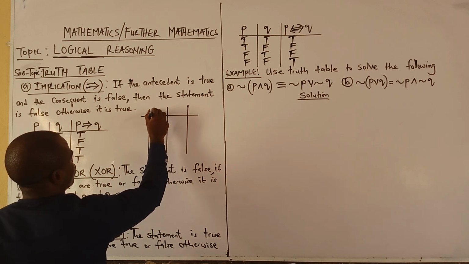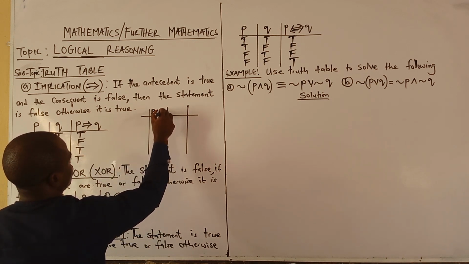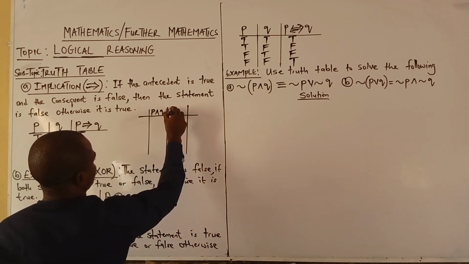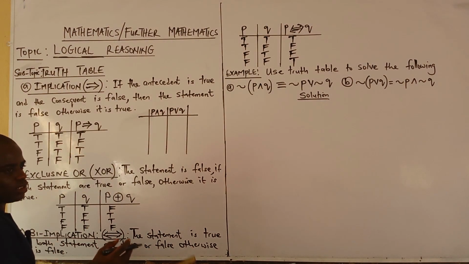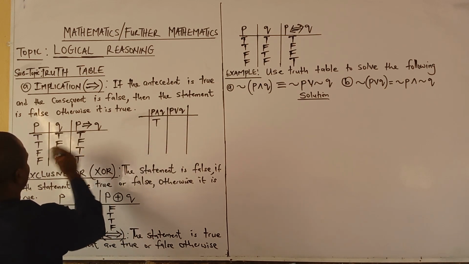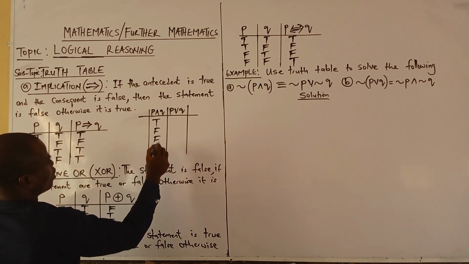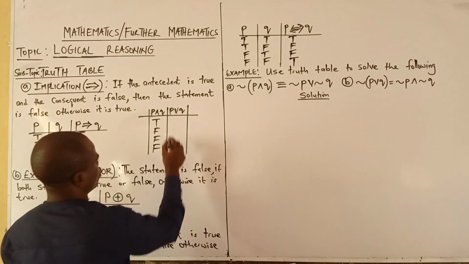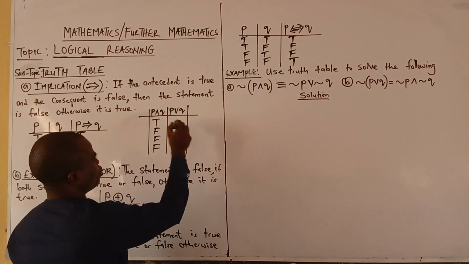P conjunction Q and P disjunction Q. Under conjunction, which is AND, only true true will give us true, otherwise false. Under disjunction, only false false will give us false, otherwise it is true.